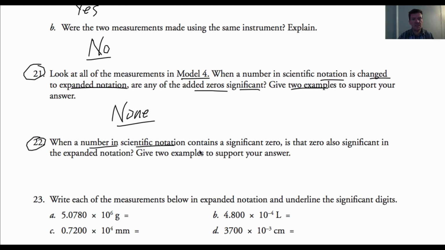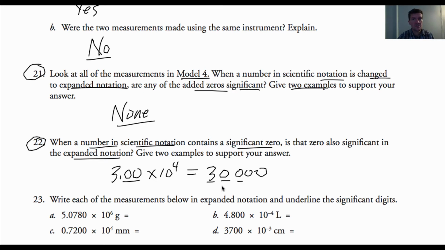Number 22. When a number in scientific notation contains a significant zero, is that zero also significant in the expanded notation? Give 2 examples to support your answer. So in this case, yes. If I write 3.00 times 10 to the 4th, that is equal in expanded notation to 30,000, but it's harder to know in expanded notation that these 2 zeros are significant, but they are.